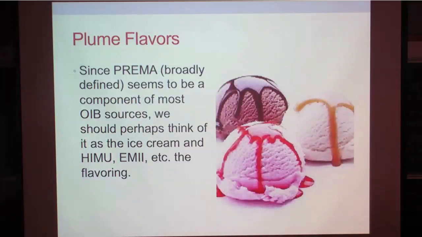And since PREMA, at least broadly defined as I've done it, seems to be a component of most OIB, maybe that's the ice cream, and high mu, EM2, et cetera, is just the flavor. And certainly that flavoring is interesting, and it's certainly telling us about crustal recycling, but it doesn't necessarily have to be the bulk of the stuff here.